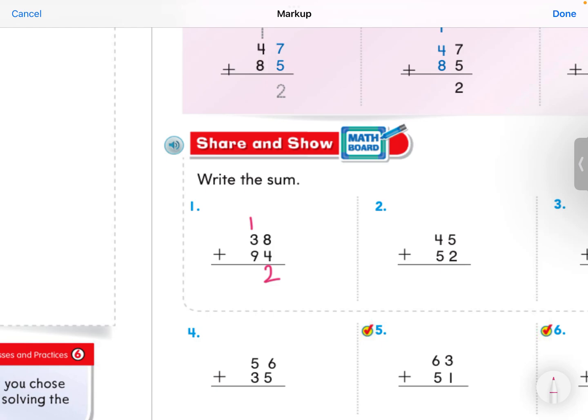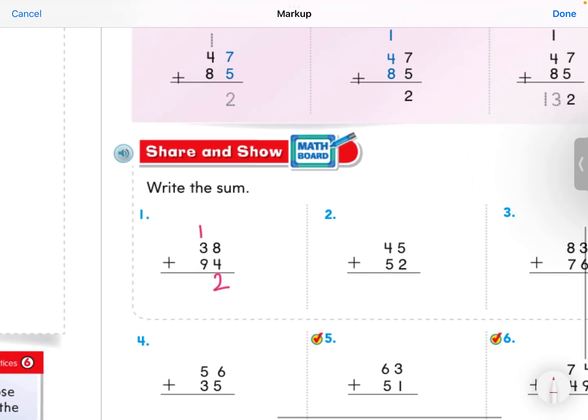Then I'm going to add up everything in my tens place. I have 3 plus 1, which is 4. 4 plus 9 is 13. So that is telling me that 9 tens plus 1 ten is 10 tens plus 3 more tens.